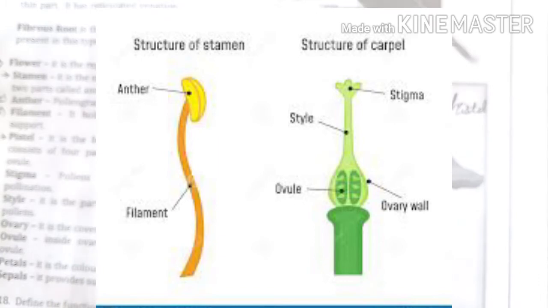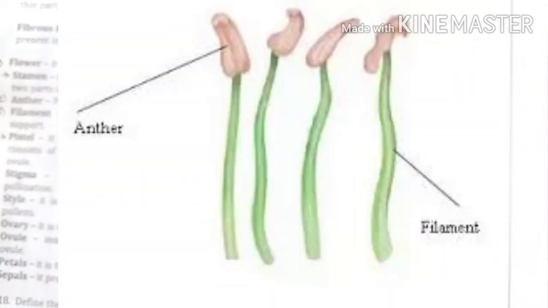Now, moving on to the pistil. Pistil or carpel, both have the same meaning. Pistil is the female reproductive part of the flower. It consists of four parts: stigma, style, ovary and ovule.